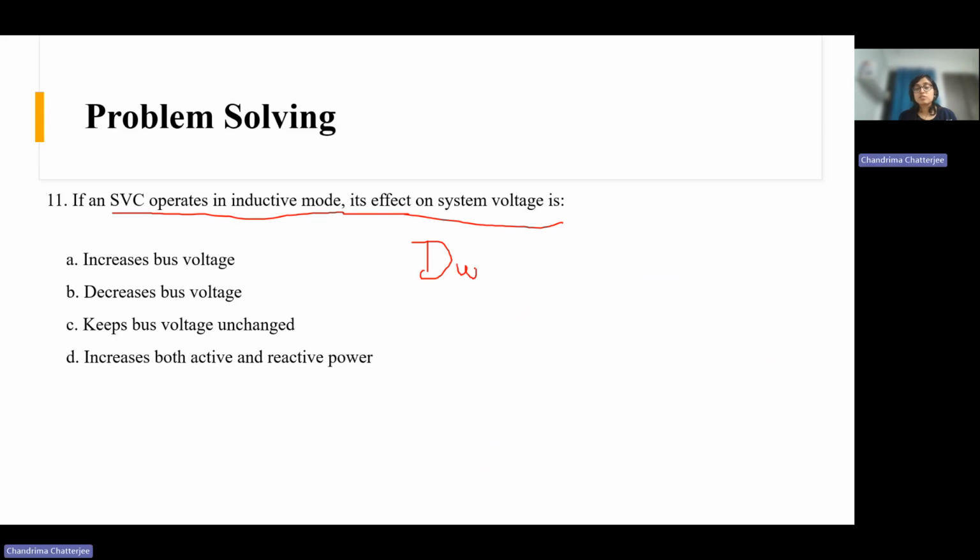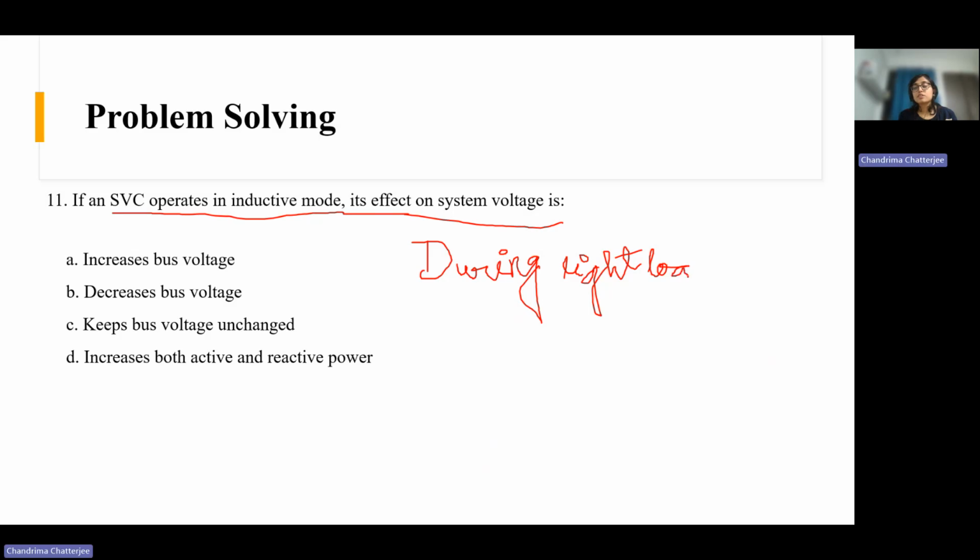During light load, right, we face the over voltage issue, and in that case, the SVC operates in inductive compensation mode.